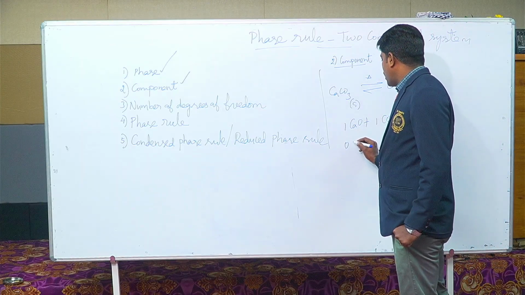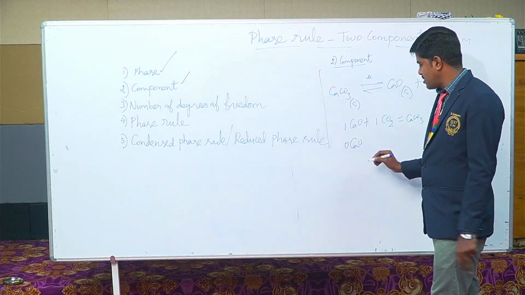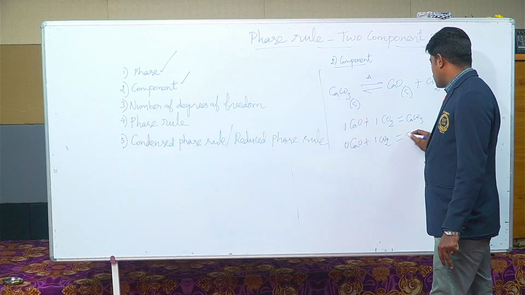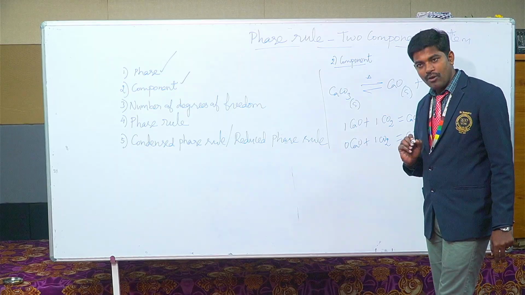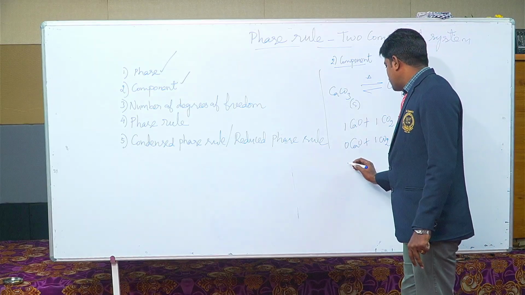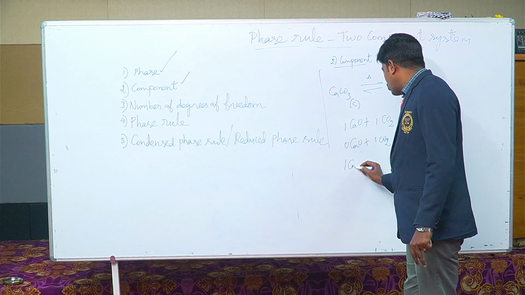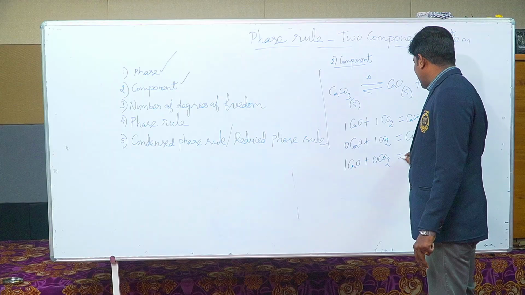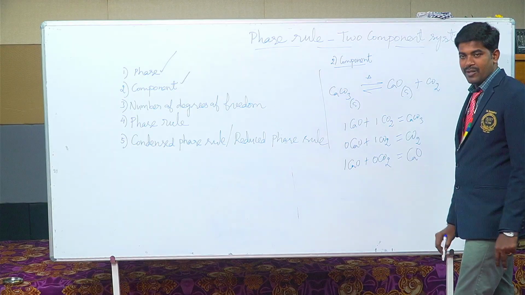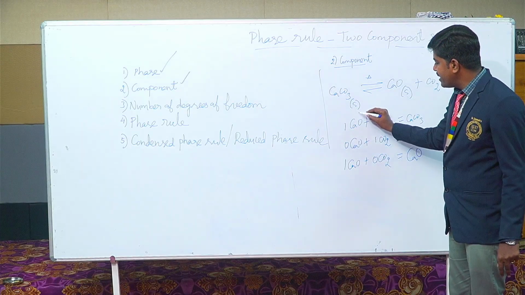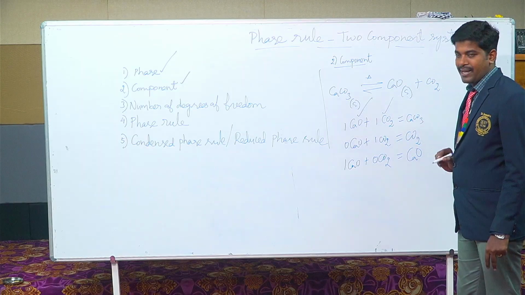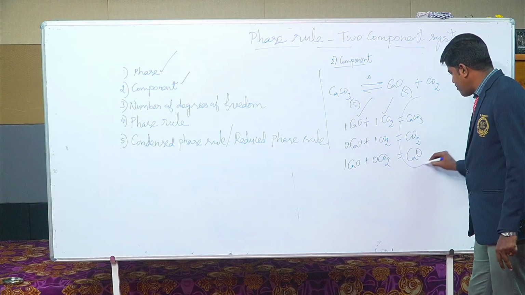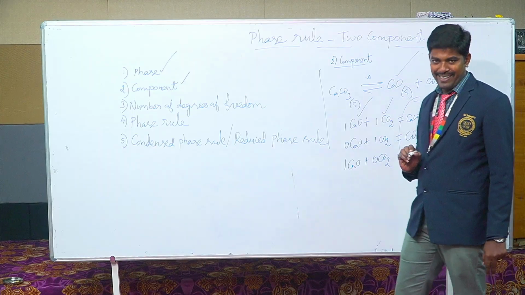Without calcium oxide, with only carbon dioxide, we can explain the carbon dioxide phase. Without carbon dioxide, taking calcium oxide alone, we can explain the calcium oxide phase. So I have taken only two constituents, and by using them I have explained all three phases present in the reaction.